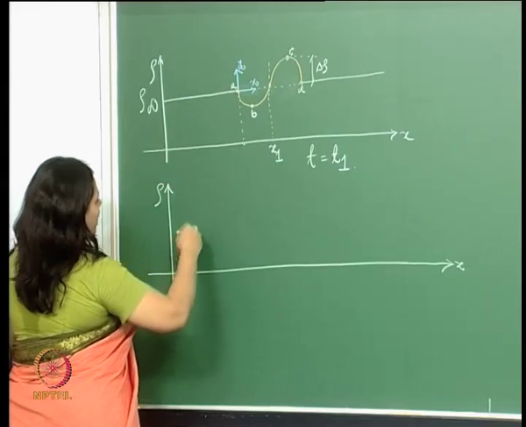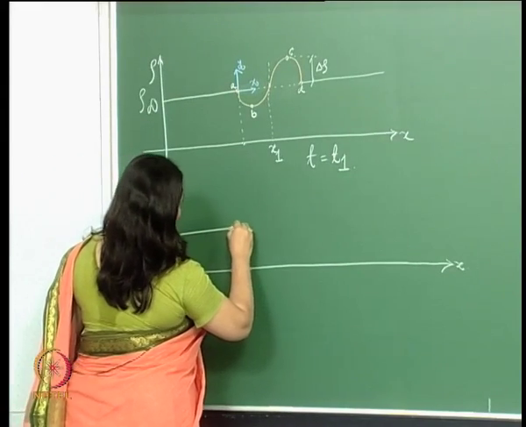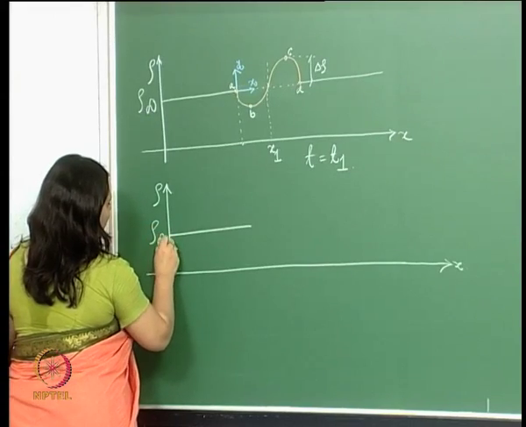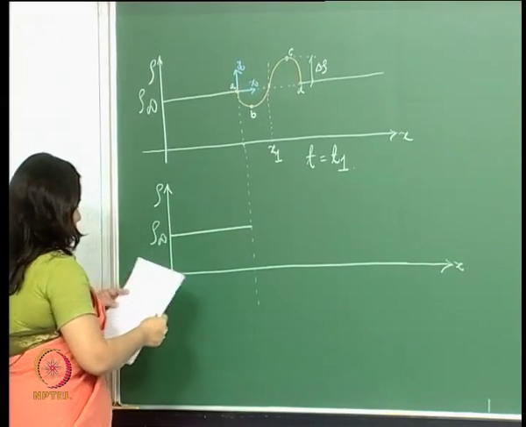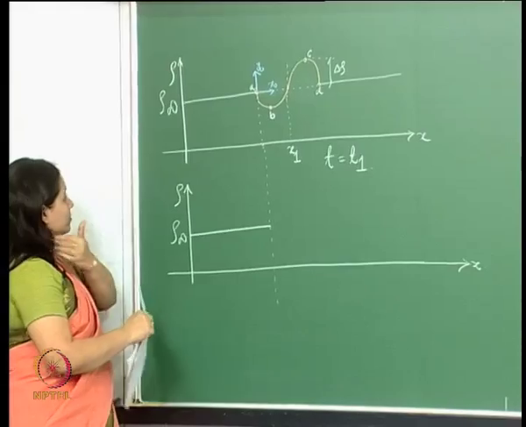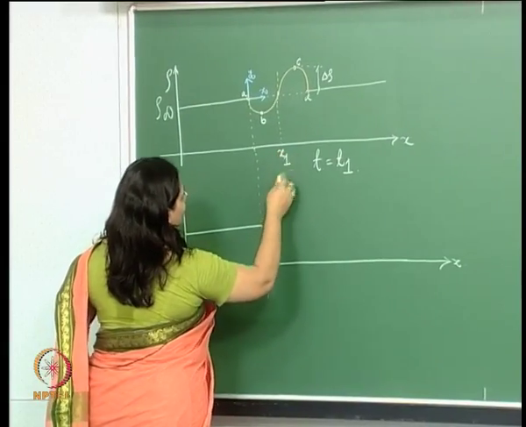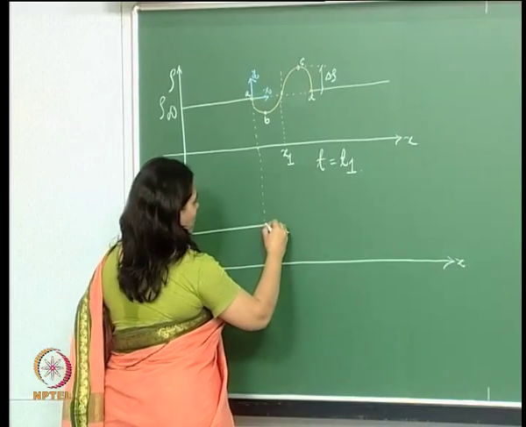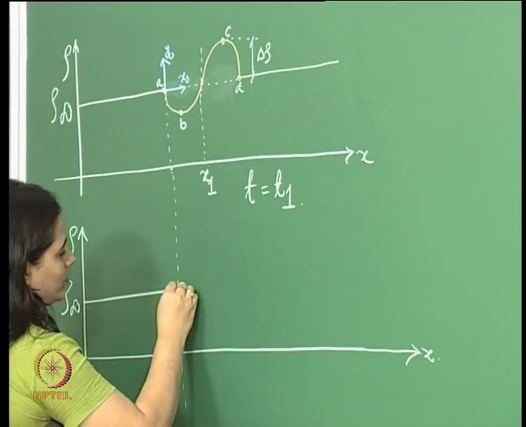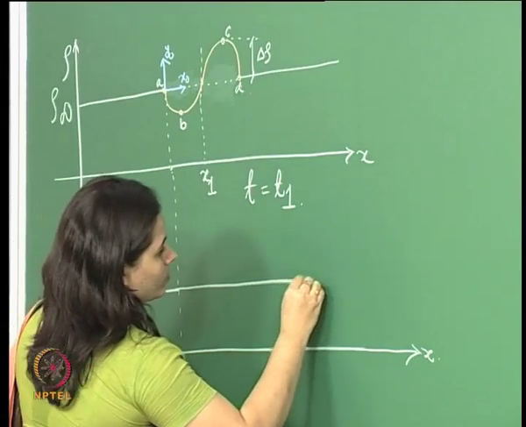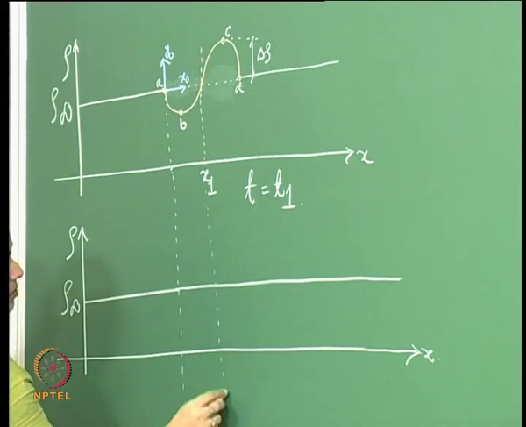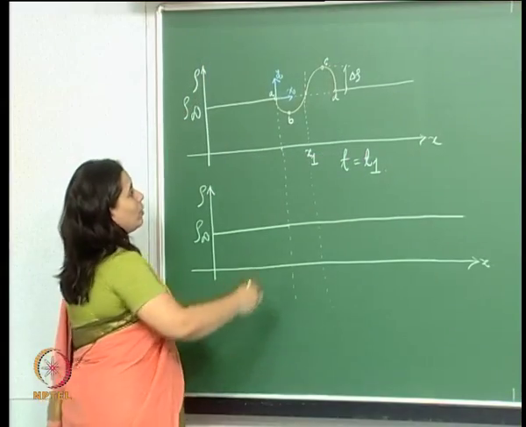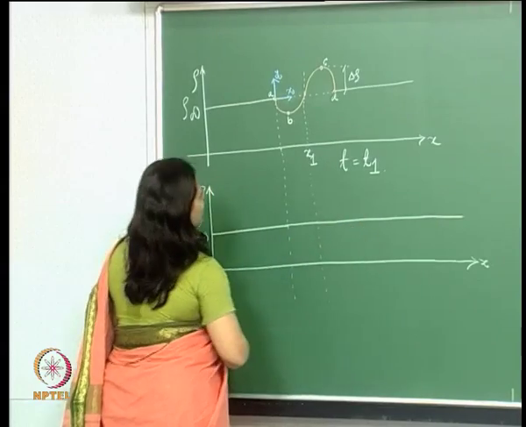So, again I am basically going to try and reproduce the same picture here. So, we have rho infinity. Now, what does this look like as I go further down x?